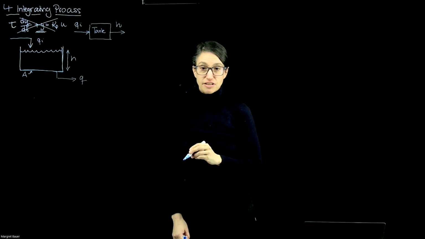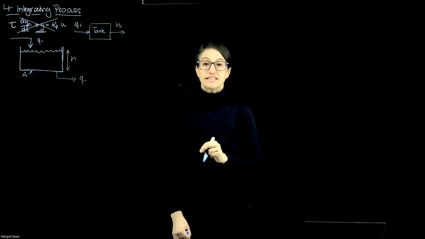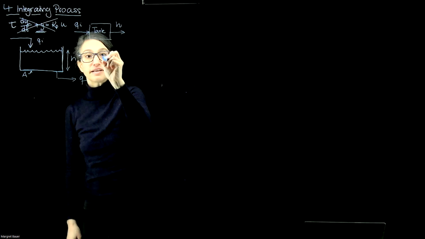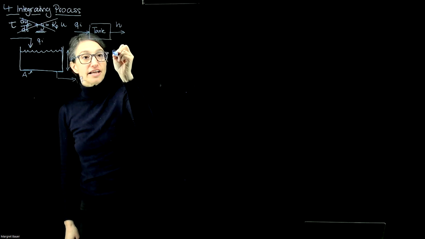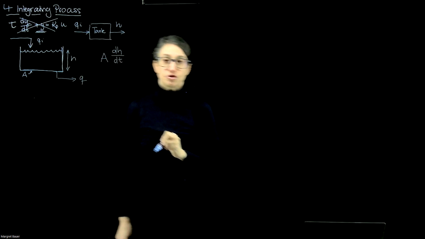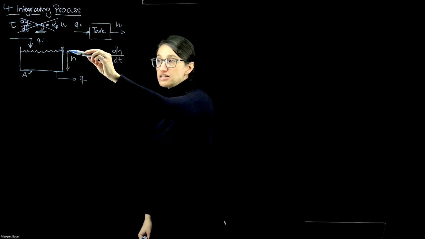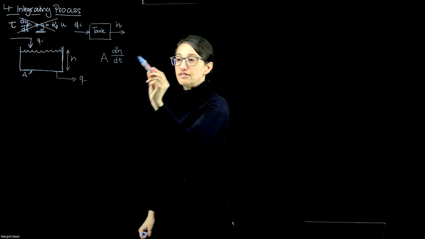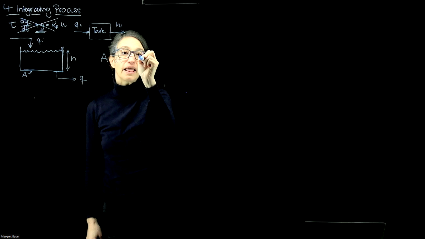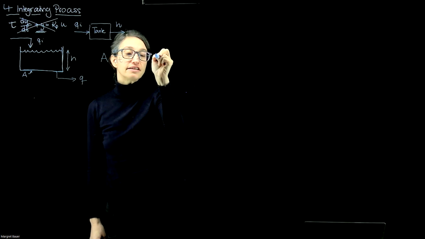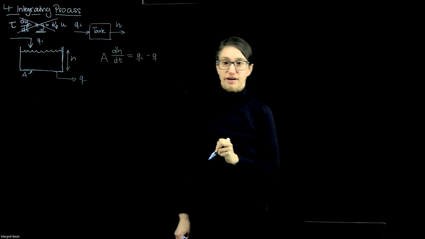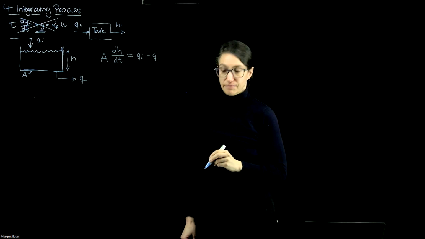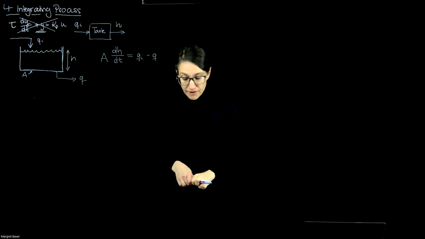The relationship between the level and the flow rate is as follows. It's the change in volume. The change in volume changes only the height because the area doesn't change. So it's A times dH over dt, and that is the inflow rate minus the outflow rate. What goes in goes out. Okay, so that is our differential equation.